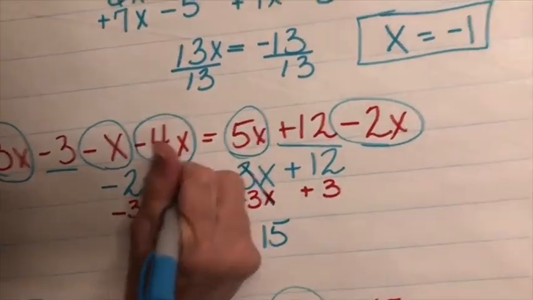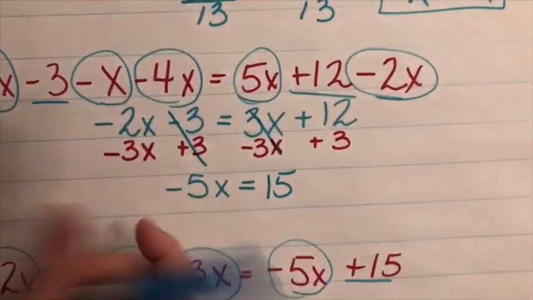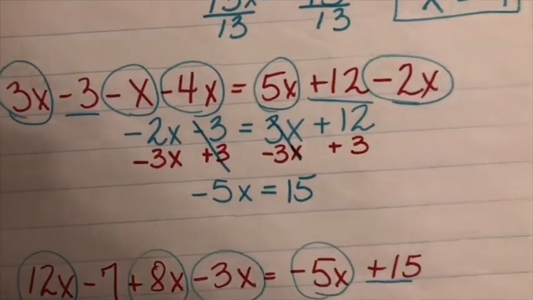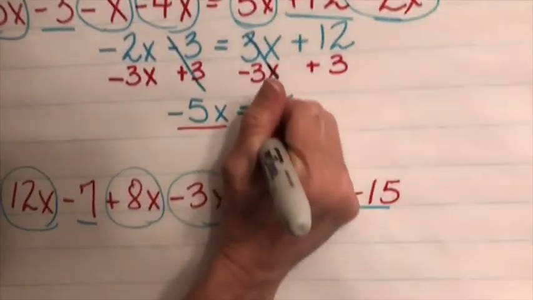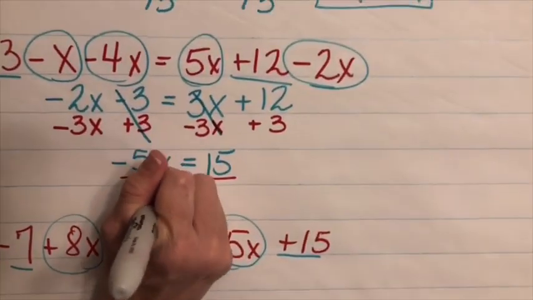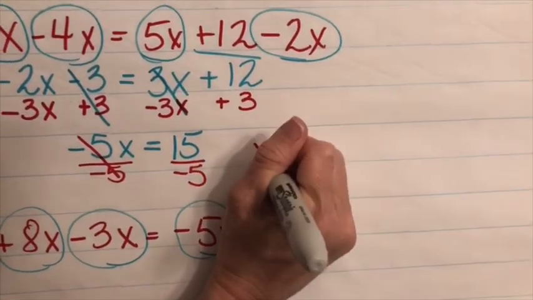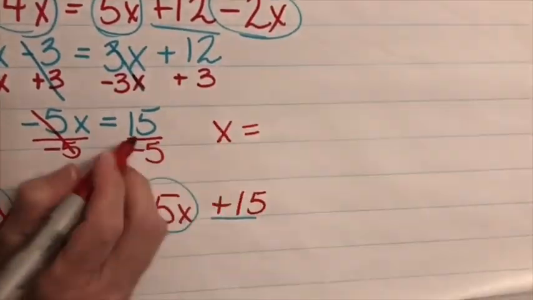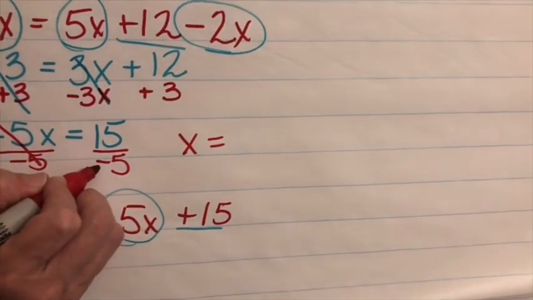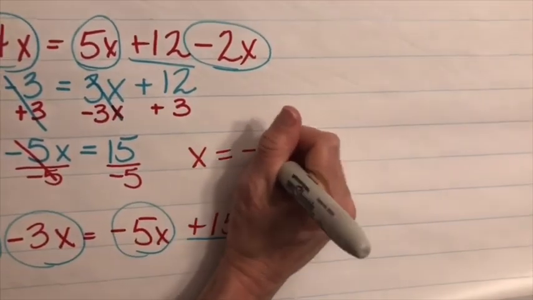Because those cancel and those cancel. So now if I divide both sides by negative 5, I get that x equals positive 15 divided by negative 5 is a negative 3.